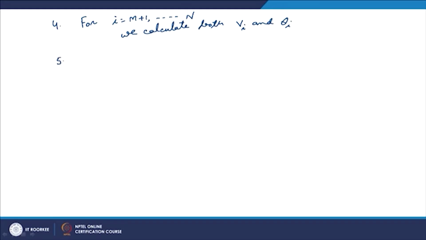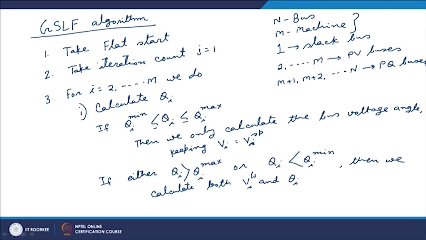Then, after all these calculations are over, we note that all these quantities carry a superscript j, which denotes that we are calculating them at iteration count j, that is, at the jth iteration.